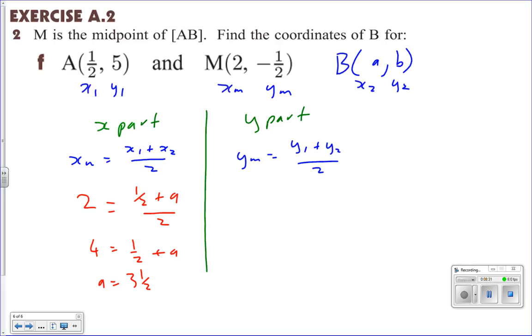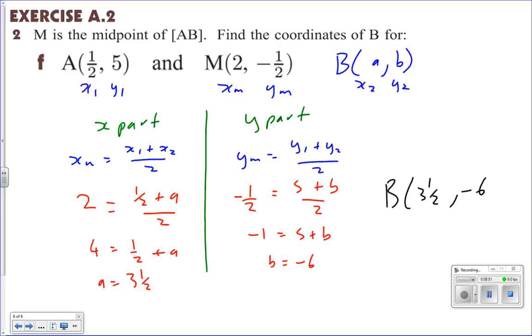So here we've got -1/2 equals (5 plus b) over 2. So -1 equals 5 plus b. So b is going to be equal to -6. So B here is going to be (3.5, -6). And that is the end.